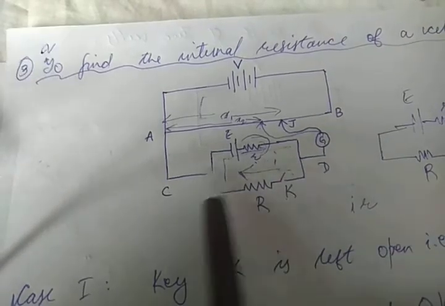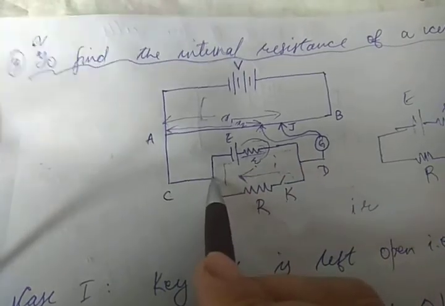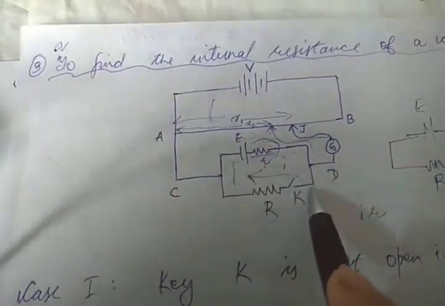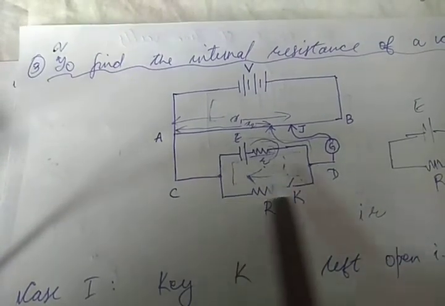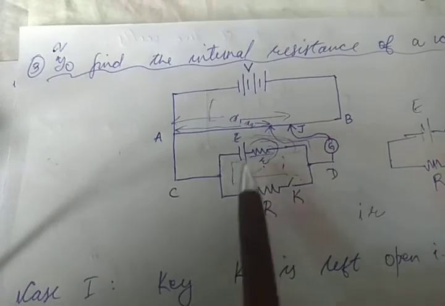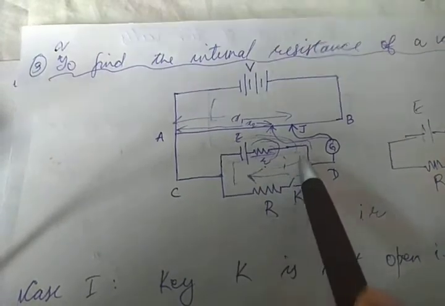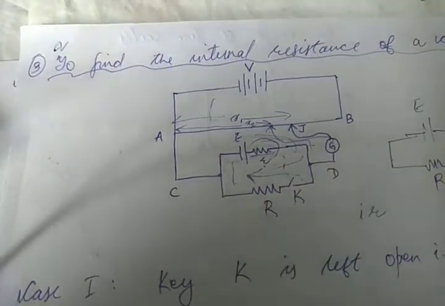So what is the potential difference across CD? When we want to find the potential difference across CD and we look at this circuit, this upper arm and this lower arm are in parallel. So whatever is the potential difference across this upper arm, the potential difference across the lower arm has to be the same.